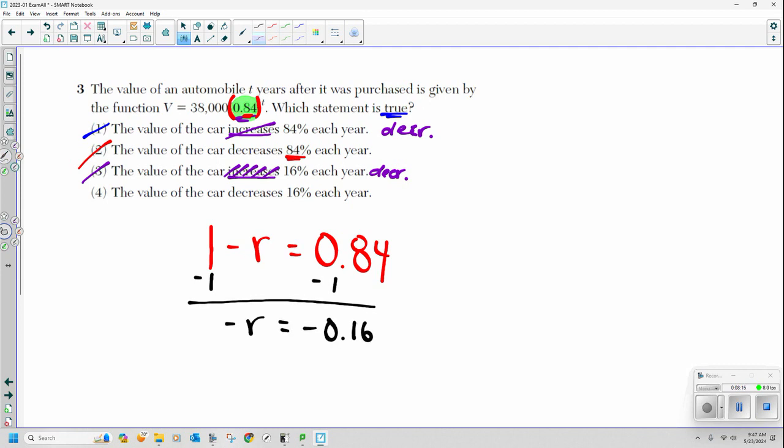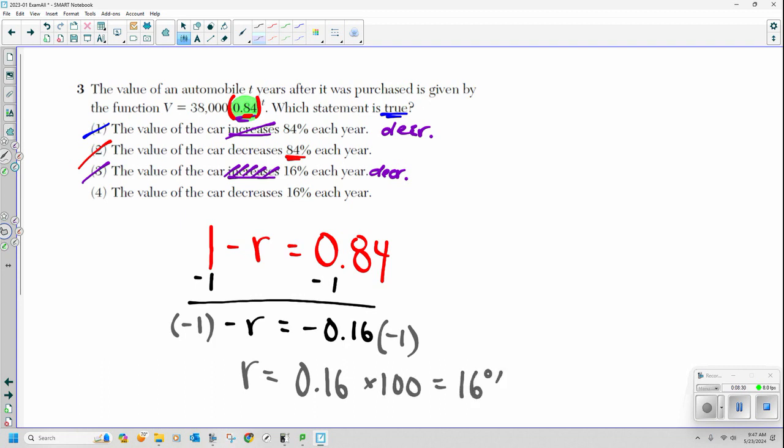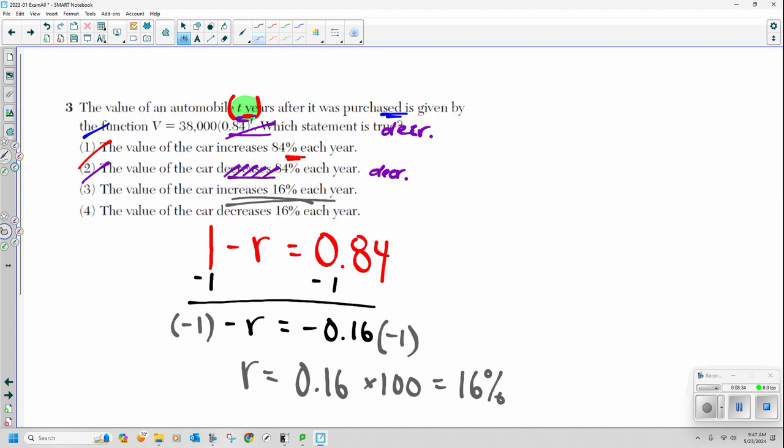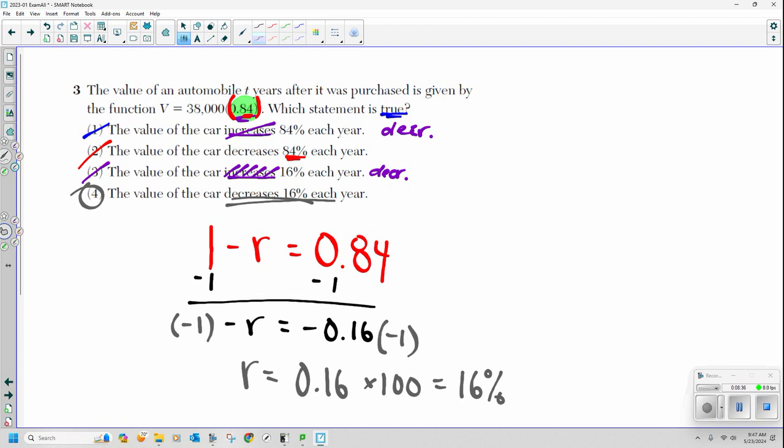And if I multiply both sides by negative 1, my rate of decrease is 0.16. Or if I multiply that times 100, that'll give me the actual percent, which is 16%. It decreases 16% each year. There you go, my friends.